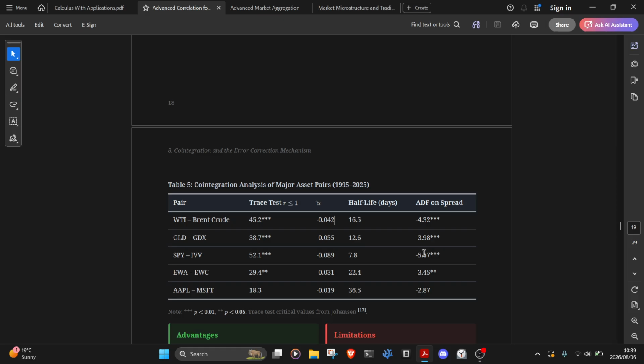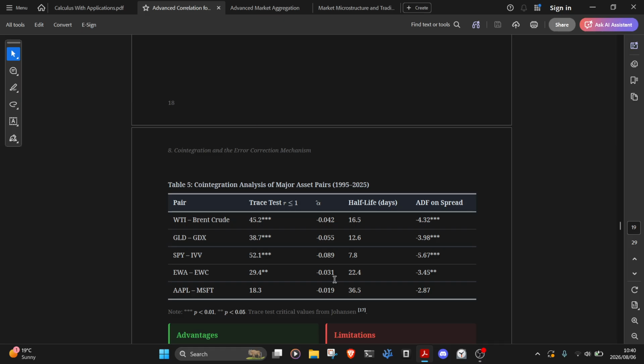of negative 5.67. EWA and EWC have a trace test of 29.4, and they have an alpha kappa of negative 0.031, a half-life of 22.4 days, and an ADF on the spread of negative 3.45. Apple and Microsoft have a trace test of 18.3, an alpha kappa of negative 0.019, half-life of 36.5 days, and an ADF on the spread of negative 2.87.